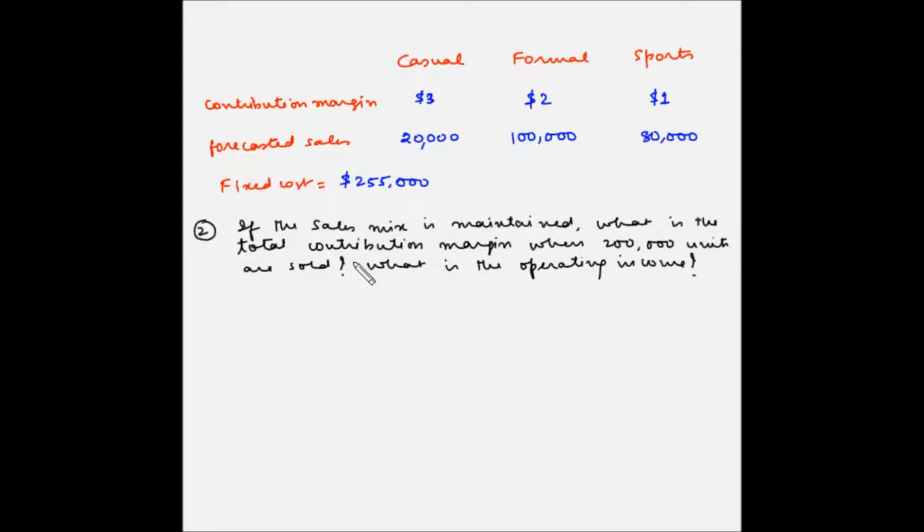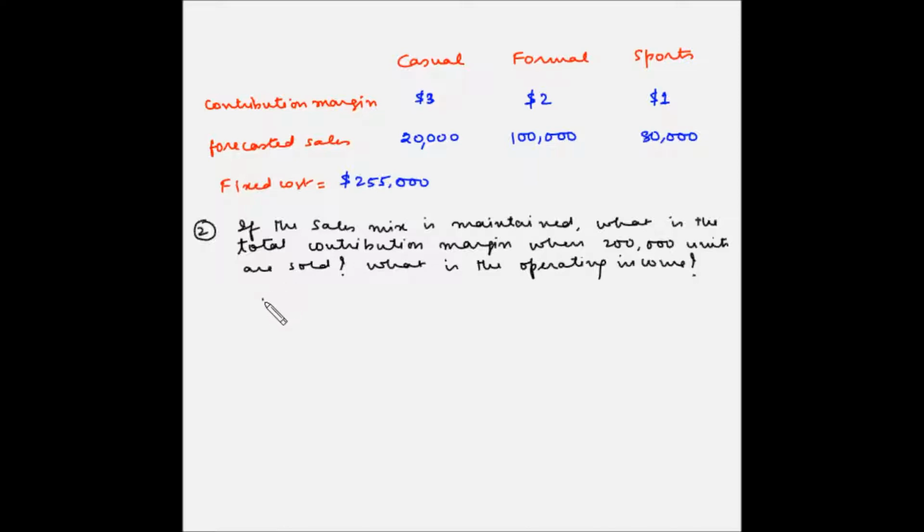So let's first find out the total contribution margin. So in this example, we have been given the contribution margin per piece or per unit of casual, formal and sport shoes. And we have also been given the number of units of sales for each of the shoe types when the total sales is 200,000 units.